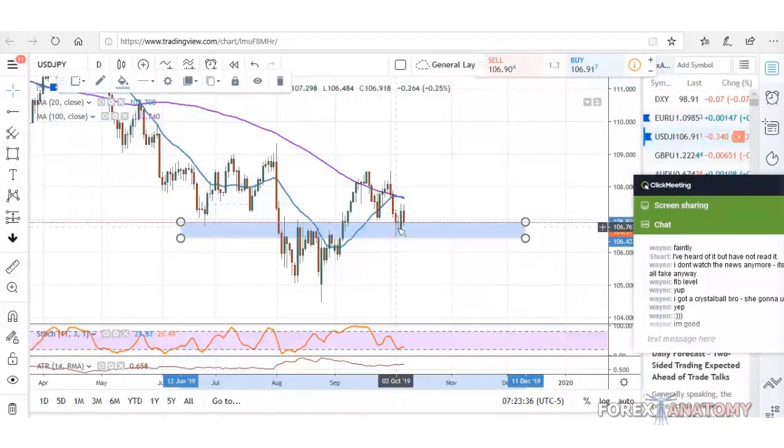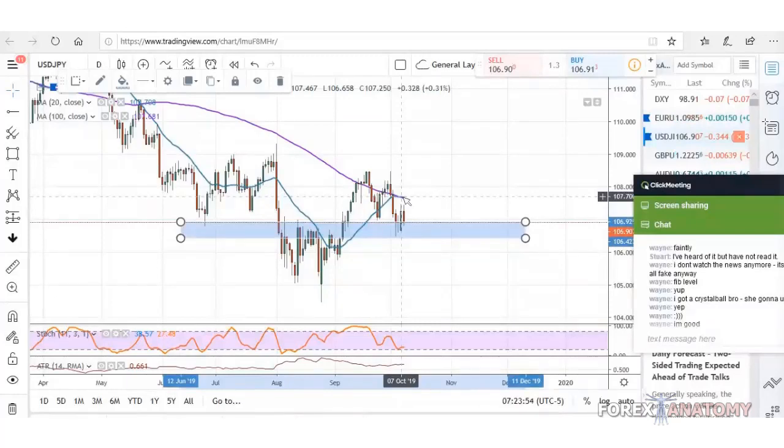But then for some reason today we saw the yen gain strength. There was risk aversion. If you look at all the yen currency pairs, they fell strongly today, which means there was probably some news that triggered that type of price action.